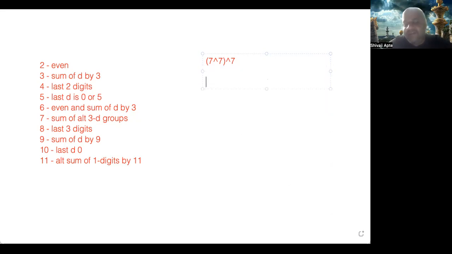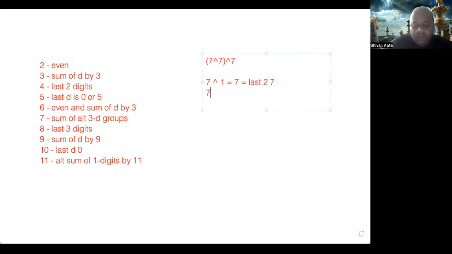So what will be the last 2 digits if you have to find out? How do we go about it? First, let us check the last 2 digits when 7 to the power 1 is 7. So the last 2 digits is just 7.